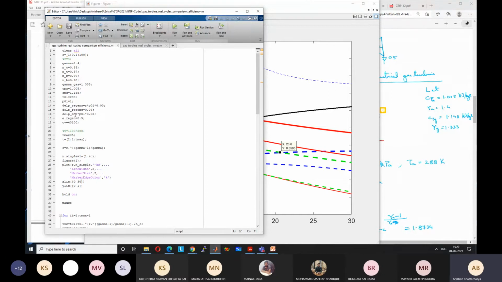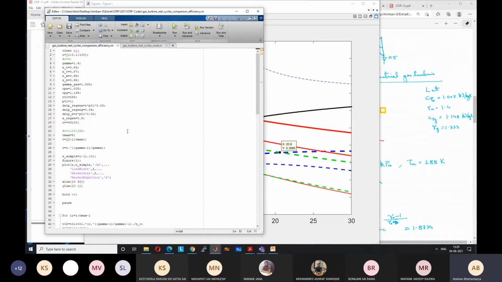In the combustion chamber, the pressure loss I have taken is 2% of compressor exit pressure. Regenerator effectiveness I have taken 90%. You can take 80% and see what will happen. Efficiency will decrease significantly. Calorific value, realistically, I have taken 43,100 kilojoule per kg.